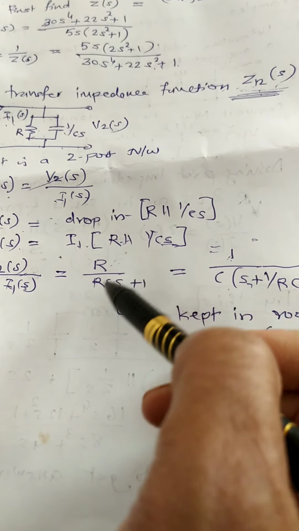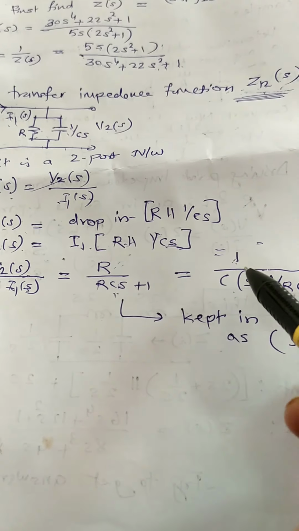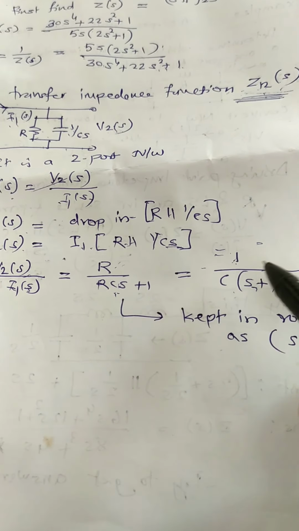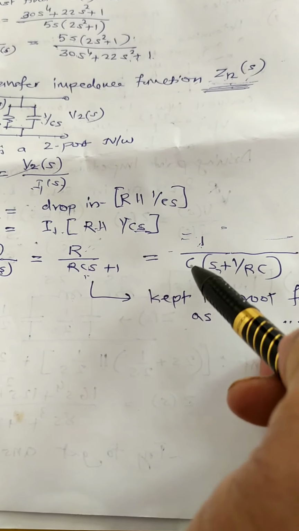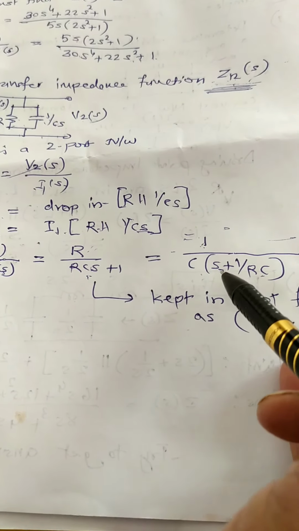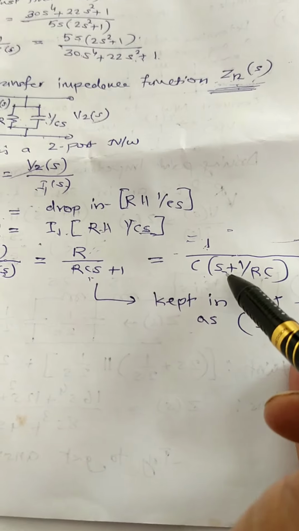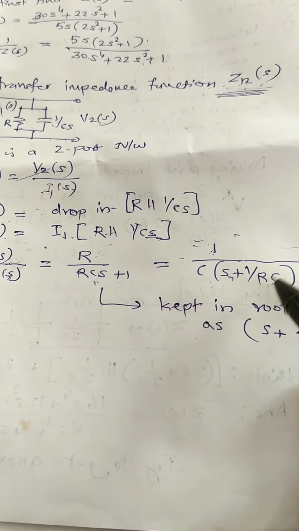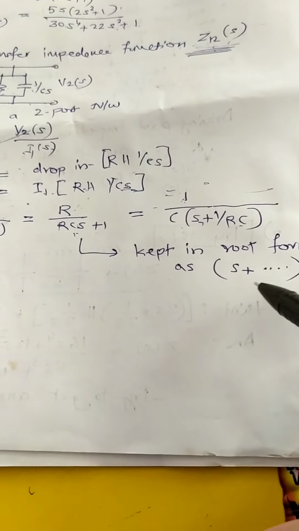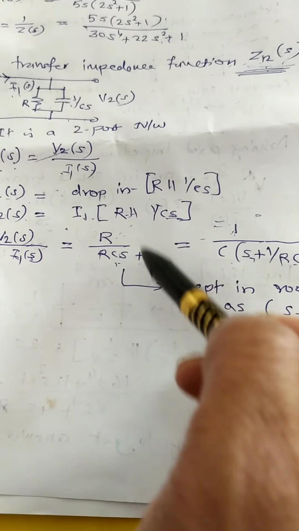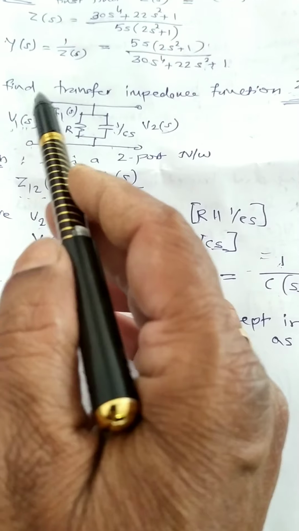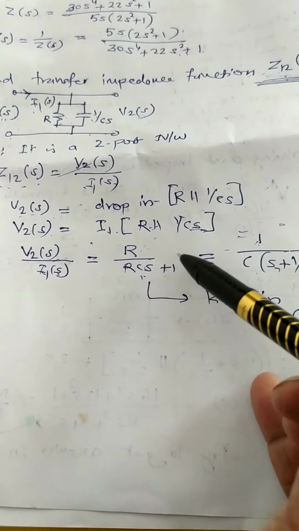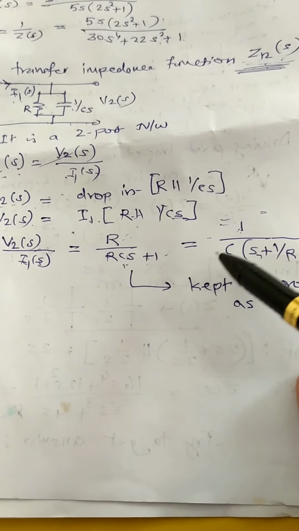So when you divide both sides by R, R gets cancelled, the numerator becomes a constant number and has no roots, and the denominator has one root, which will be called a pole later on, S plus 1 by RC. Keeping this in this form itself is the transfer impedance function. This is our answer.